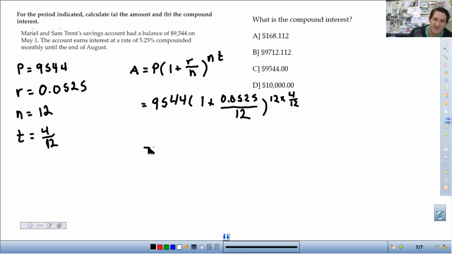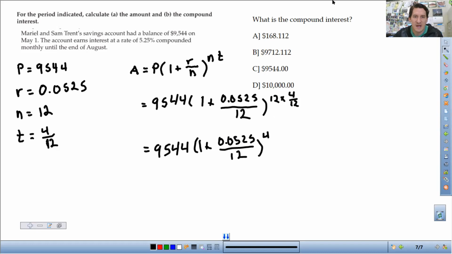And I'm actually going to simplify this a little bit before I enter it into the calculator, just to make things a little bit easier. 1 plus 0.0525 divided by 12. 12 times 4/12 is just 4.